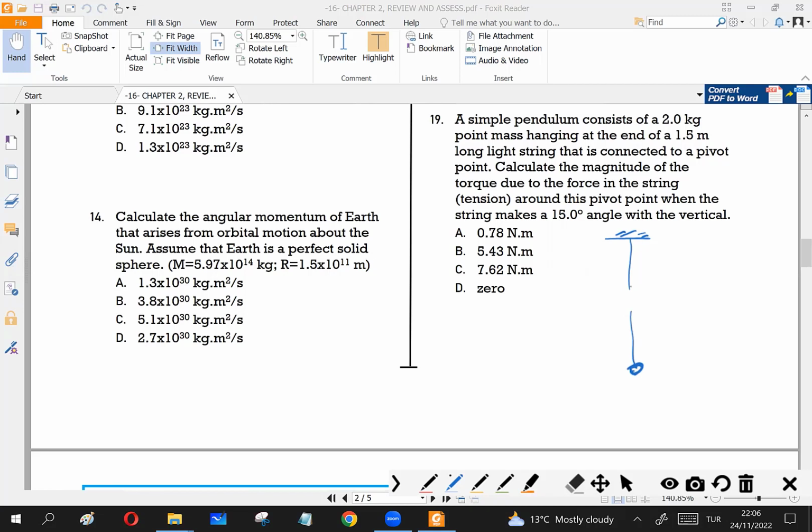So tension force, this is Fg. The tension force extension always passes through the axis of rotation. If a force extension passes through the axis of rotation, its torque is always zero. That's why tension force can never produce a torque on a simple pendulum, zero. And you don't need to calculate anything in here.